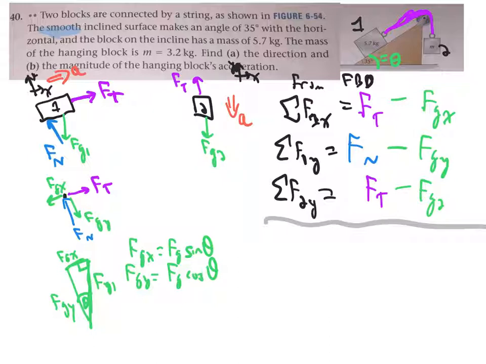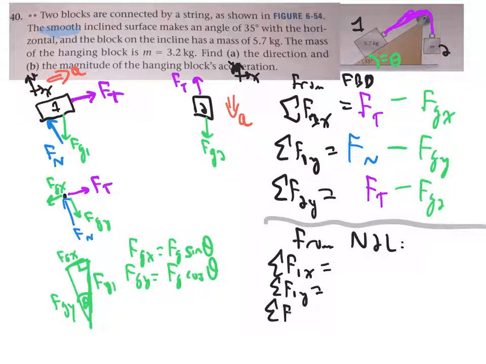And then we have, from Newton's second law, the sum of the forces in the x on 1, the sum of the forces in the y for 1, and the sum of the forces on 2 in the y. And we look here and we say, what are our values here?